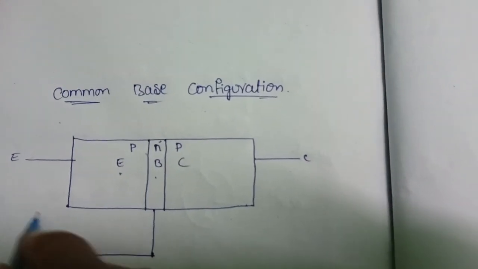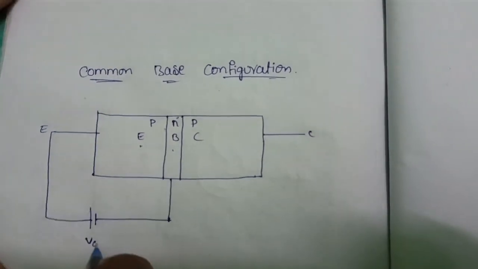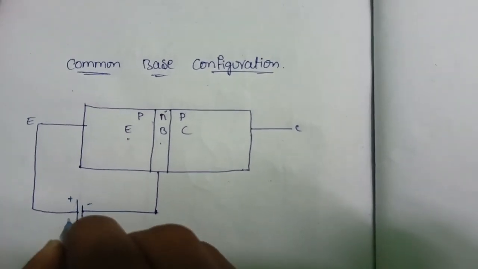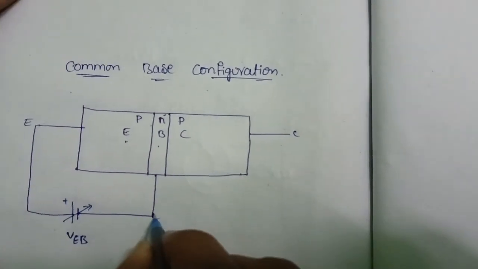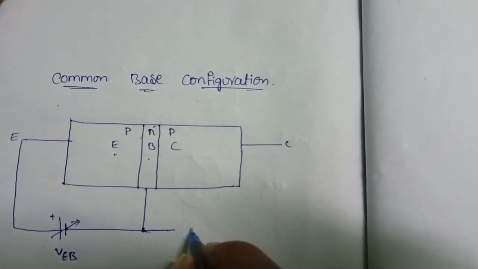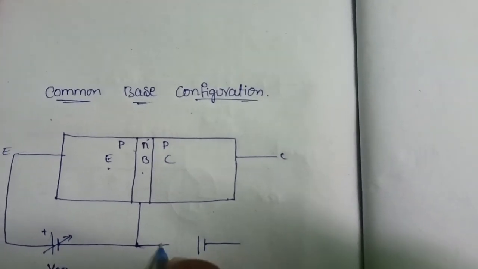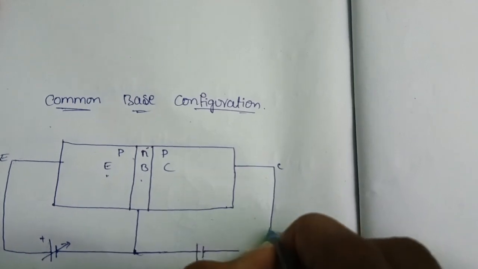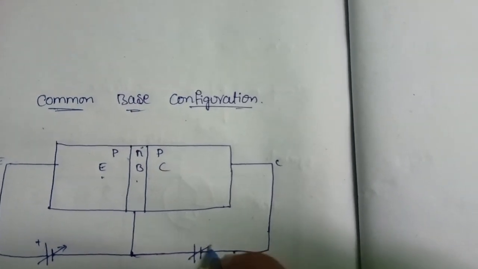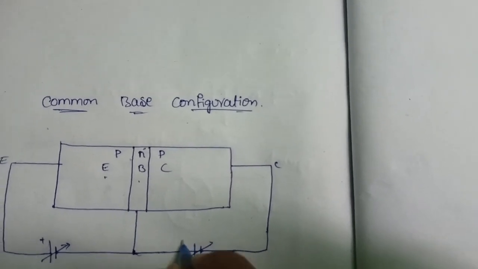That means VEB: the positive terminal is connected to the emitter and the negative terminal is connected to the base. And the collector base junction is reverse biased. That means the base is connected to the positive terminal and the negative is connected to the collector. VCB is the voltage.